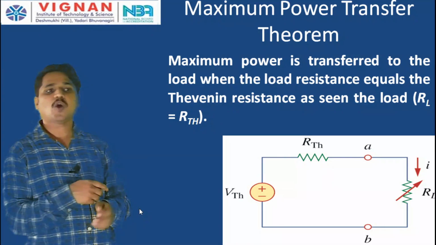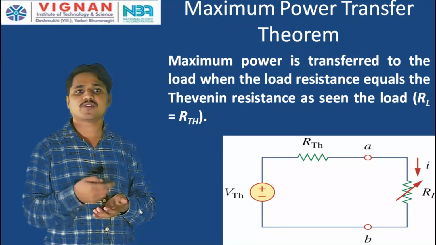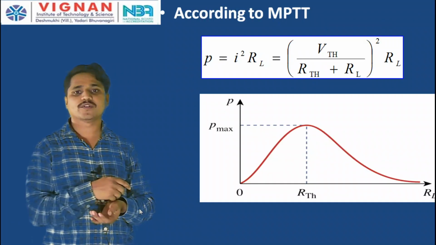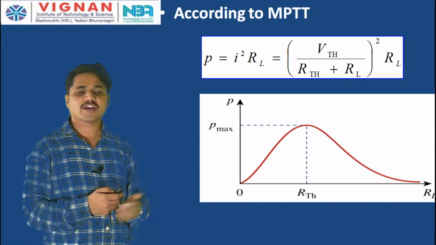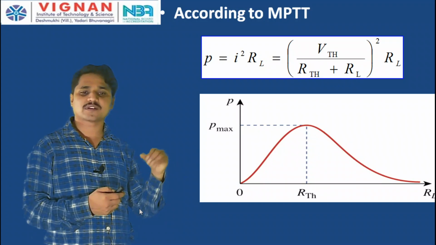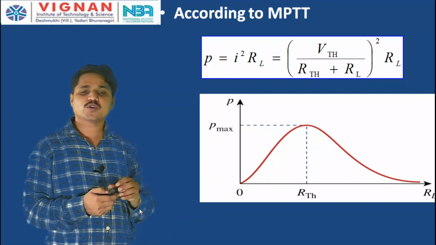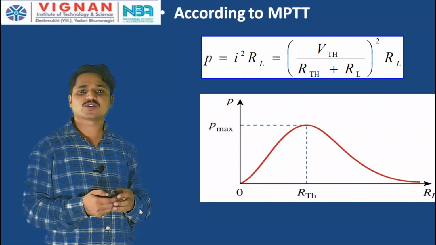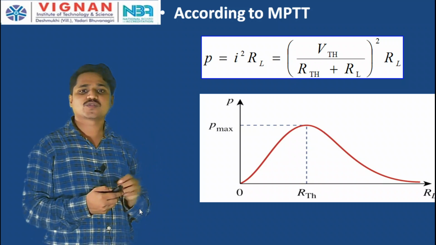How much maximum power is transferred from source to the load? According to this theorem, the power drawn by the load is P equal to I square into RL. We know that power is equal to I square into R. So what is I?